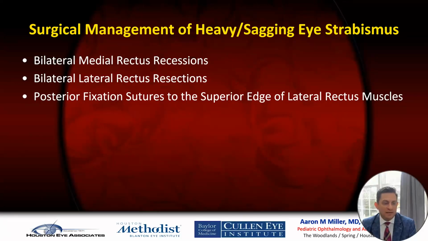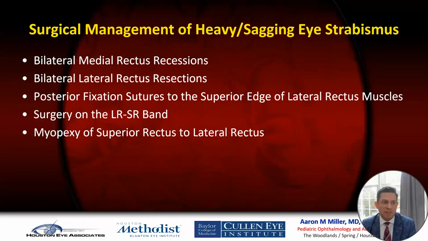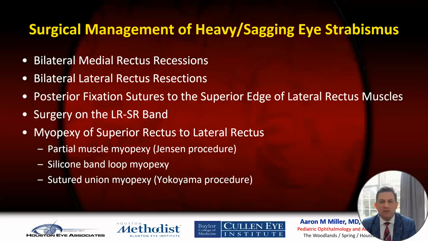And I feel like that seems to also help improve success. And then there are some people that discuss just working on that band at a deeper level. I don't think that works very well, but there are reports on surgery on just the band itself, and then leading up to the myopexy of the superior rectus to the lateral rectus. In this procedure, there are different ways that people have done it.